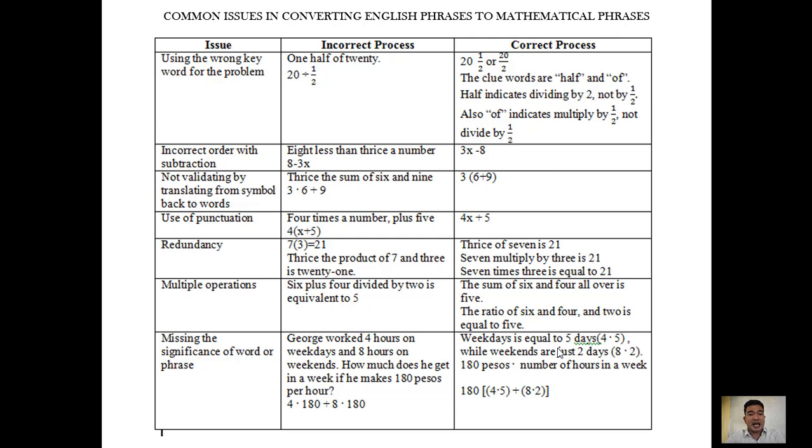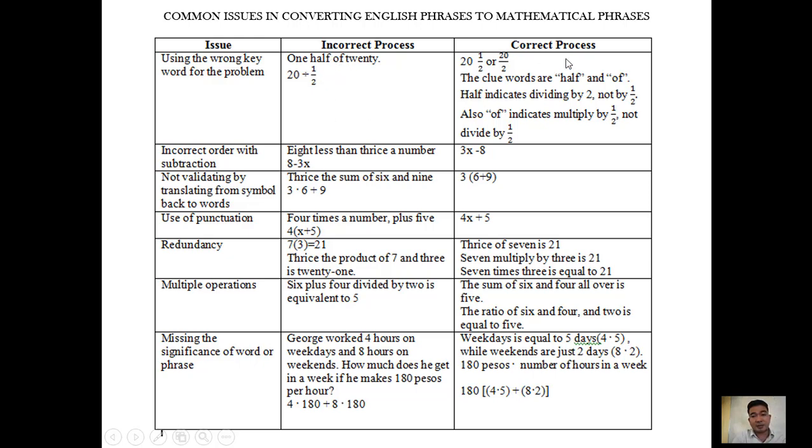Incorrect process: 1/2 of 20. All of a sudden, we sometimes think that 1/2 of 20 is 20 divided by 1/2. Well, in fact, that is wrong, because the operation involved here is multiplication because of the word "of." Of means multiply.